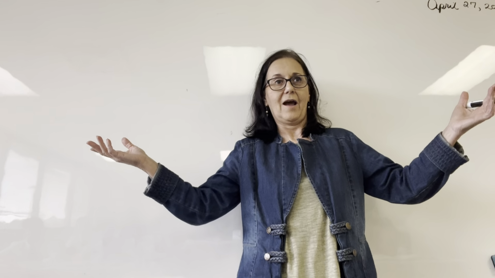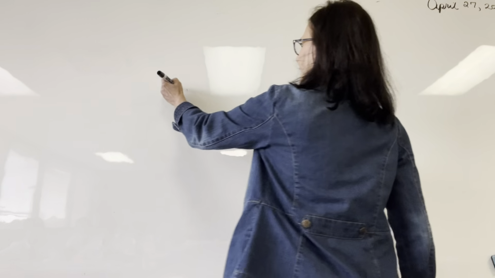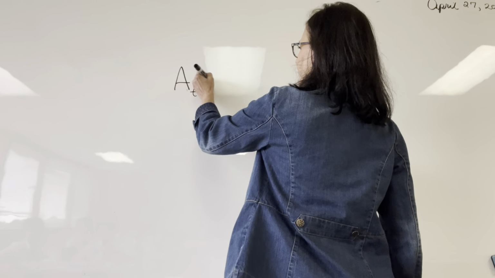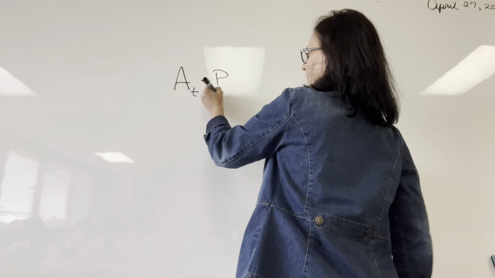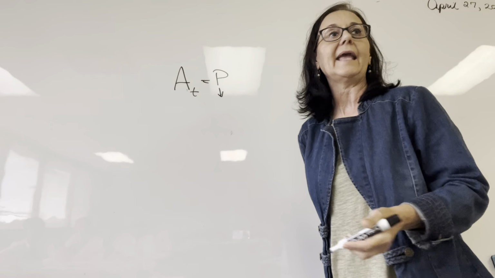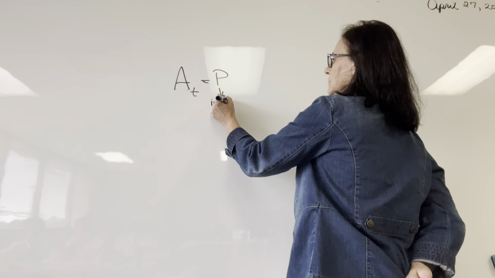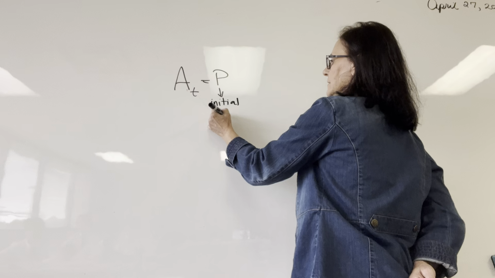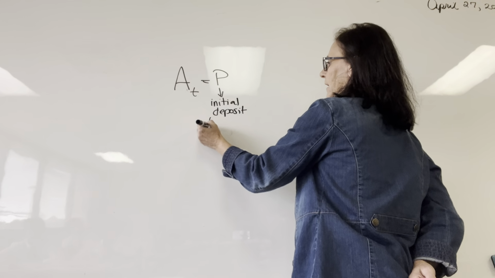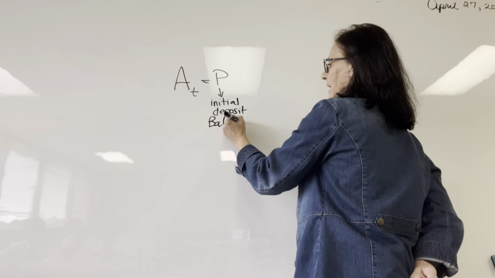All right, so how do they calculate this? Well, here is the formula. The amount over a period of time equals the principal amount. That's how much I have in my account. It's your initial deposit or your balance in your savings account.